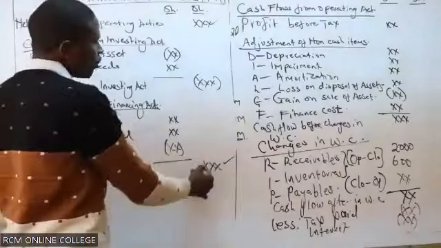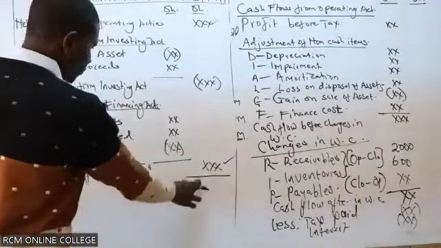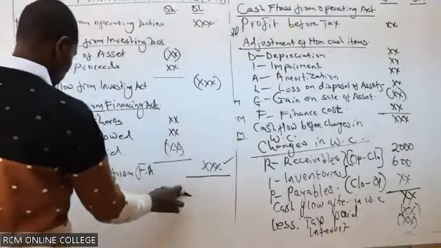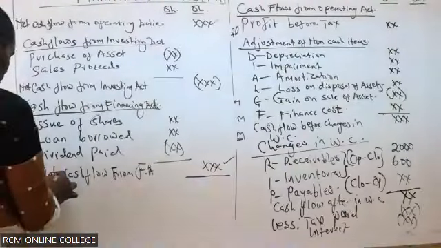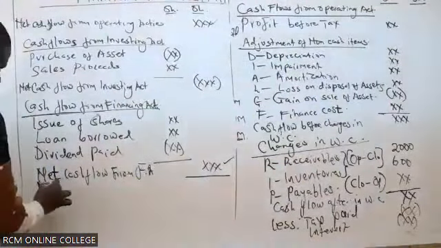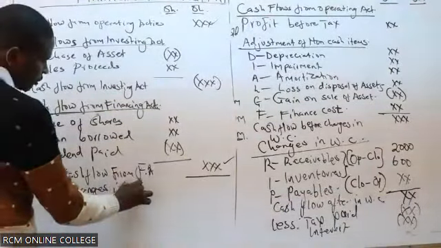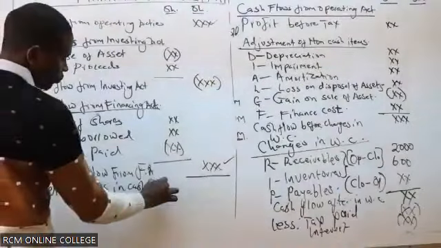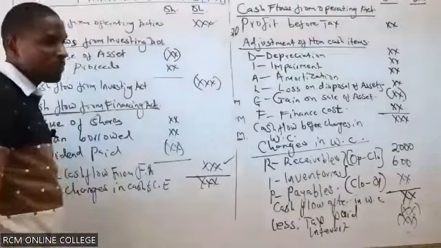So what do you do? You sum them to get net changes in cash and cash equivalent, and you put it there.